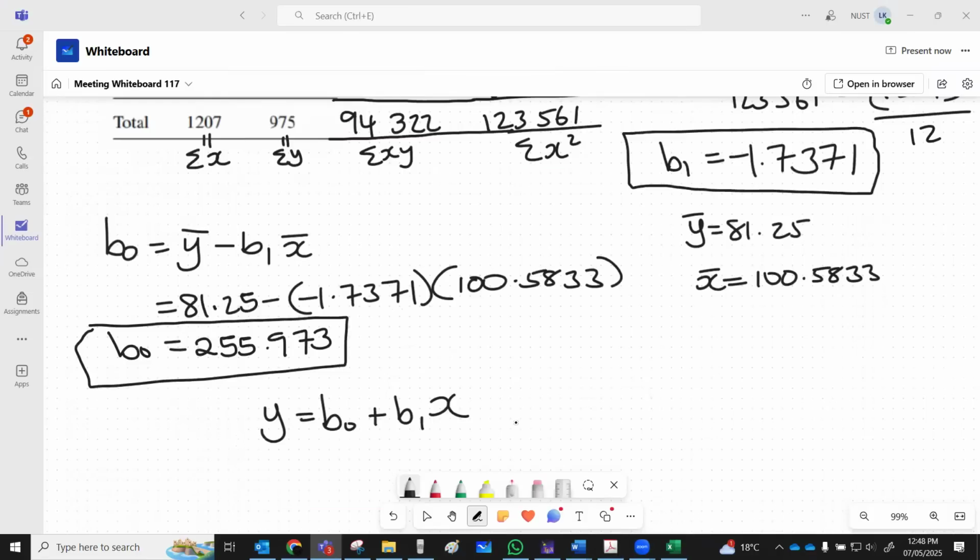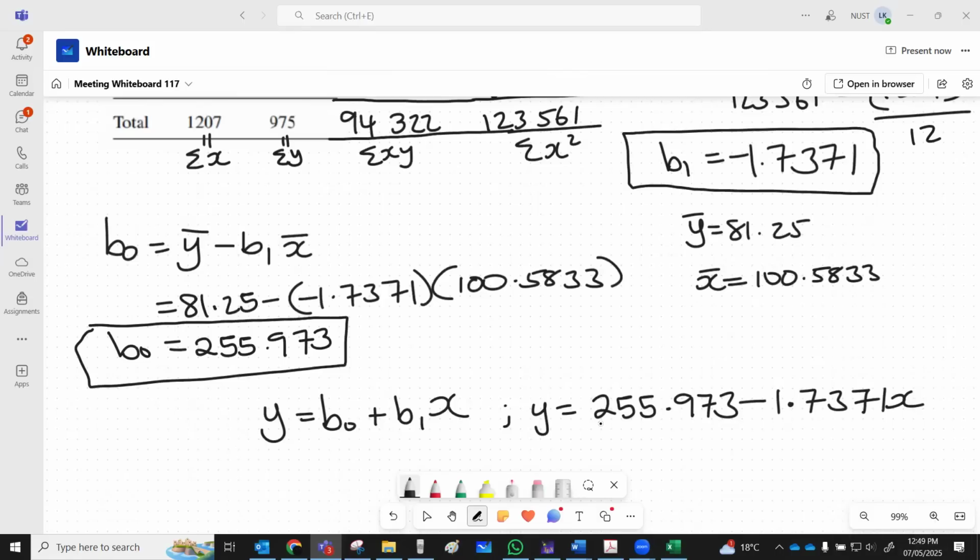So we have y is equal to, what is B0? 255.973 plus B1, which is negative, so it's negative 1.7371 multiplied by x.